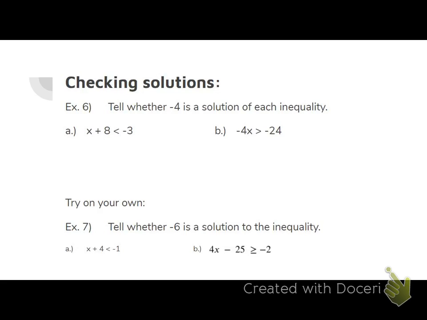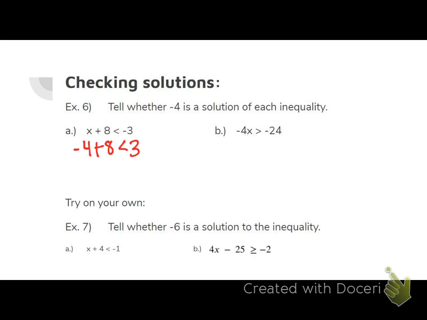All right, on example 6, we are checking a solution. So we are deciding if -4 is a solution. So what we're going to do is plug -4 in for x, simplify it, and then decide if we get a true statement or a false statement. Okay, so on the first one, when we plug -4 into x, we're not moving anything around, we're just simplifying.